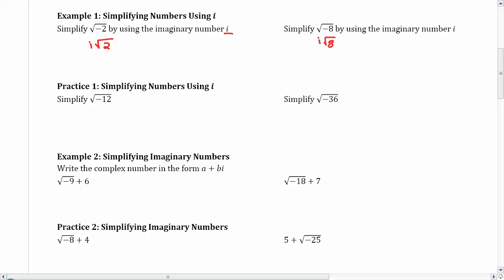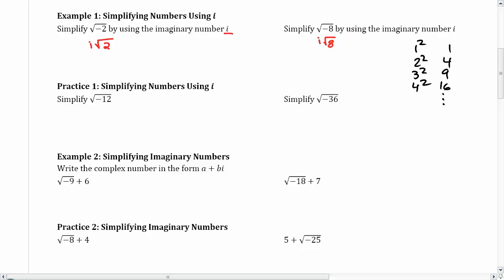Next, simplify the square root of 8. There's two ways that we can think about this. One way is to think of perfect squares. So perfect squares are numbers like 1 squared, 2 squared, 3 squared, 4 squared, which result in 1, 4, 9, 16, and so on. If we can come up with a factor of 8 that's a perfect square, then we can rewrite that 8.